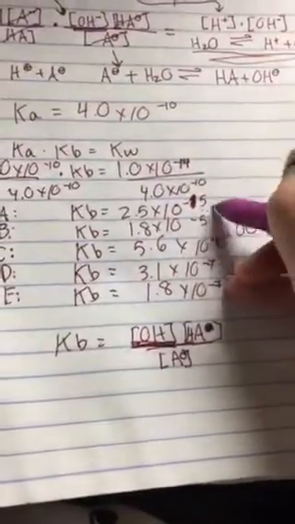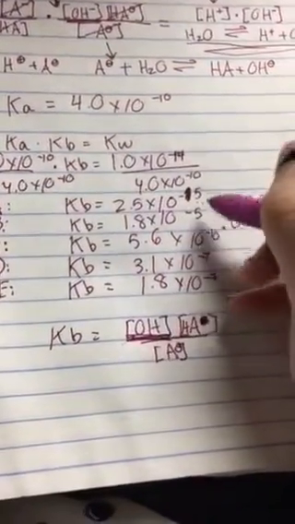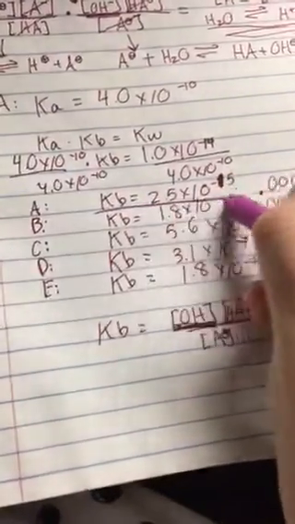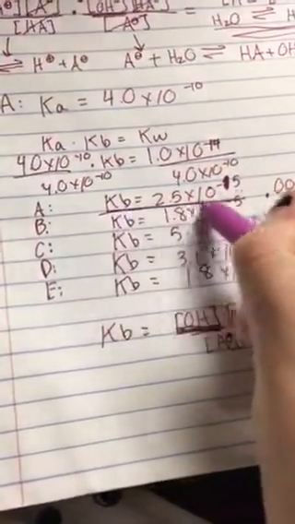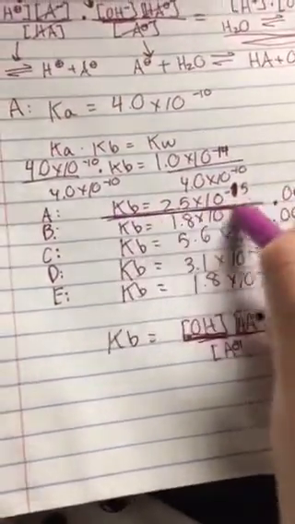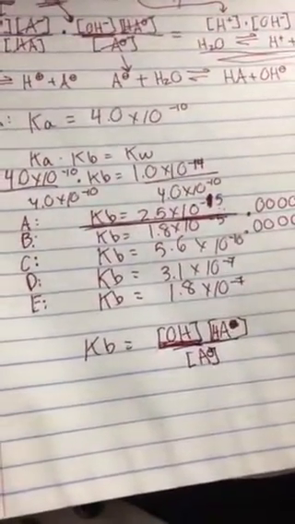So it's going to be the one with the highest value for Kb, and in this case that's A. You can see that pretty readily. Okay? If you have any more questions about this, don't hesitate to ask me.